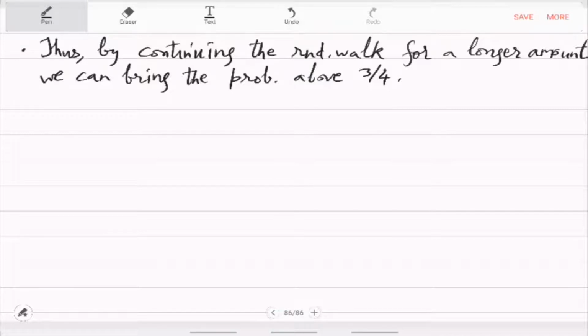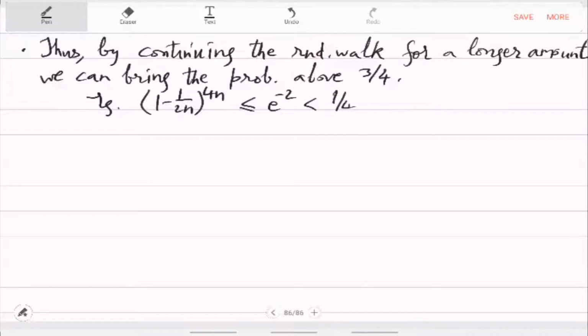So for example, if you do this calculation, the error probability currently is 1 minus 1 over 2n, right? So if you repeat this 4n times, you can see this is smaller than e to the minus 2, which is smaller than 1 over 4, right?